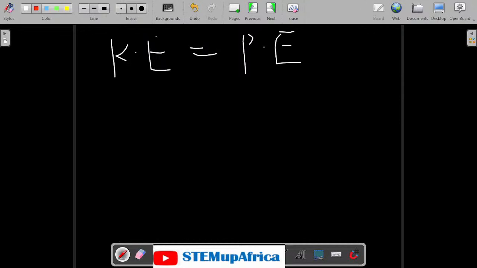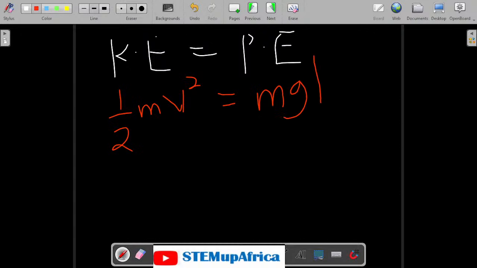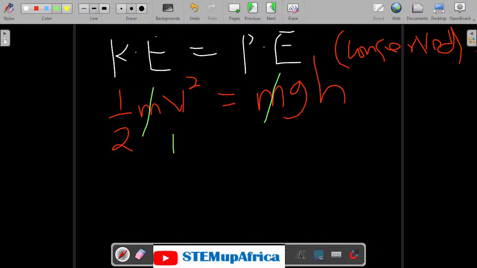And we know the formula of kinetic energy is half mv squared. The formula of potential energy is mgh. So why is this so? Energy is conserved. So what happened? This mass can cancel this mass. I'm left with half v squared is equal to gh.